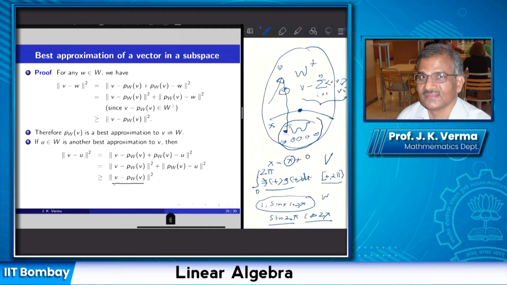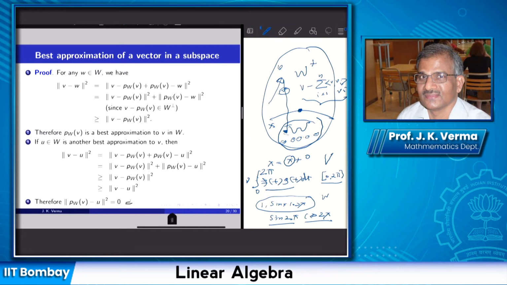But u is a best approximation to v. So that means the distance of v from u is less or equal to the distance of v from any other vector in w, and therefore this is also true, because u is another best approximation to v. So this is bigger or equal to this, and therefore equality must hold everywhere, and so this must be equal to 0.